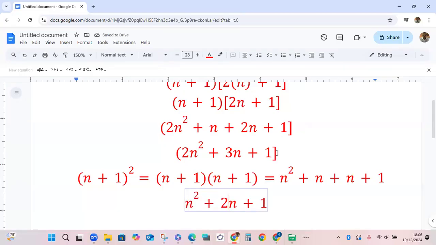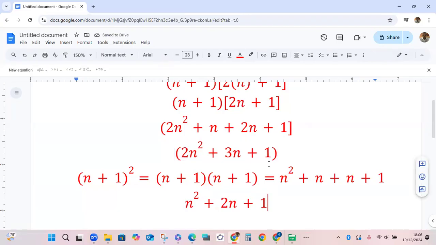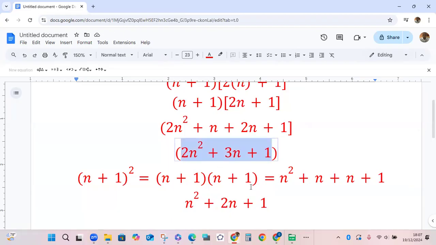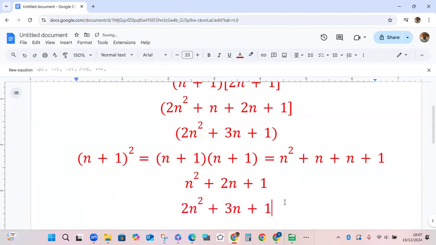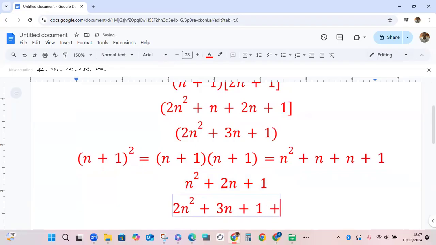Now we have to add this to the number of white counters to get the total and see if this matches with the total that was given. That will prove that we are on the right track. So this is the number of white counters plus the number of black counters. Let's see what this gives us.